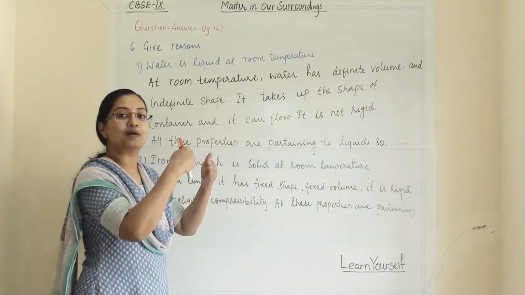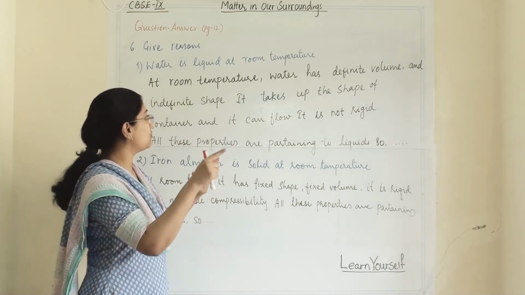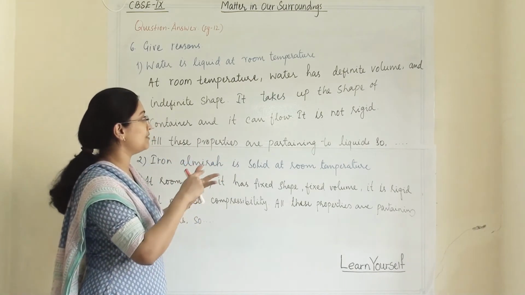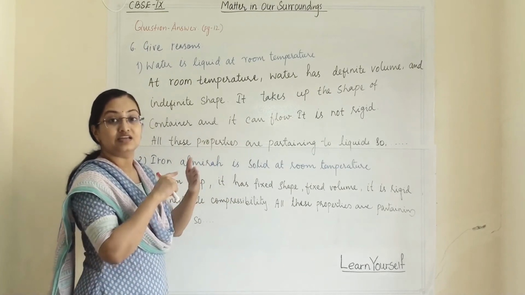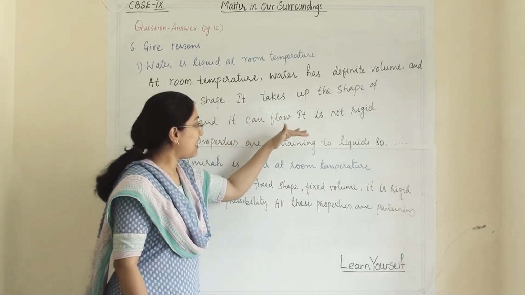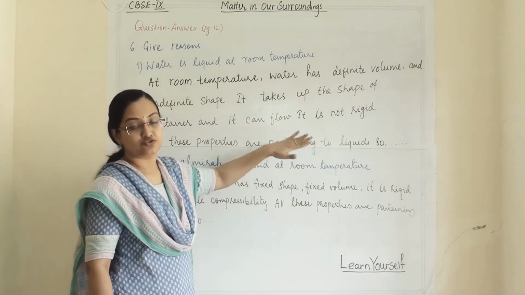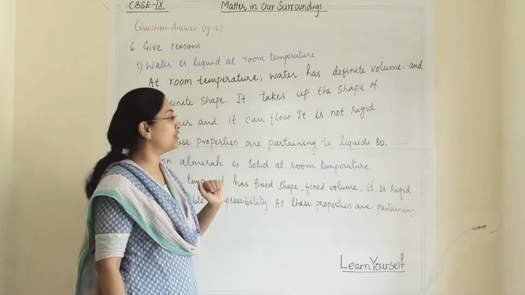You can also mention it in point-wise manner, that it has definite volume, it has indefinite shape, it takes up the shape of container, and fourth point, it can flow. And all these properties are pertaining to liquid state. So that's why we can call water a liquid at room temperature.